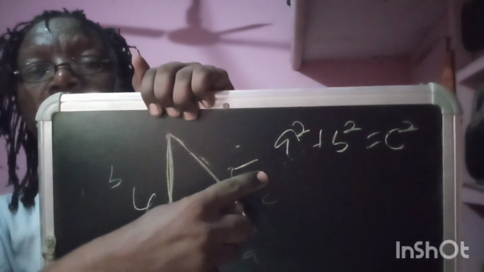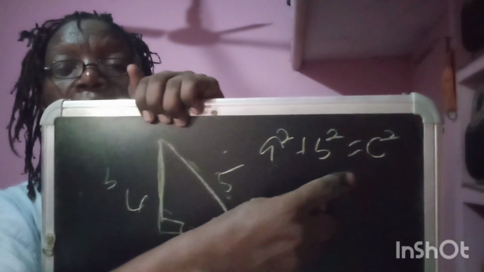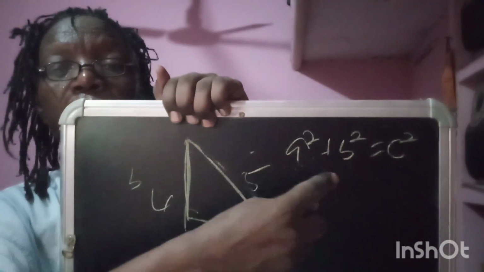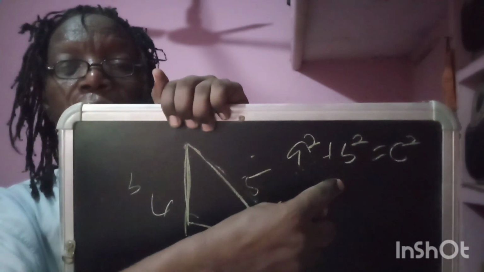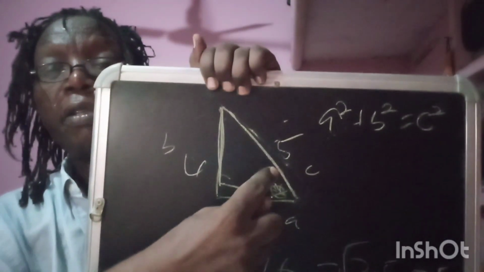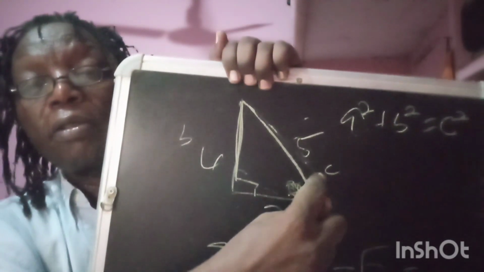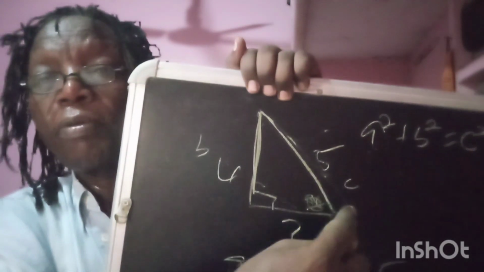So these two have given you 25. Now that one is c squared, which means you have to find the square root of the result of these two. The result is 25, and the square root of 25 gives you the missing side, which is 5, because the square root of 25 is 5.